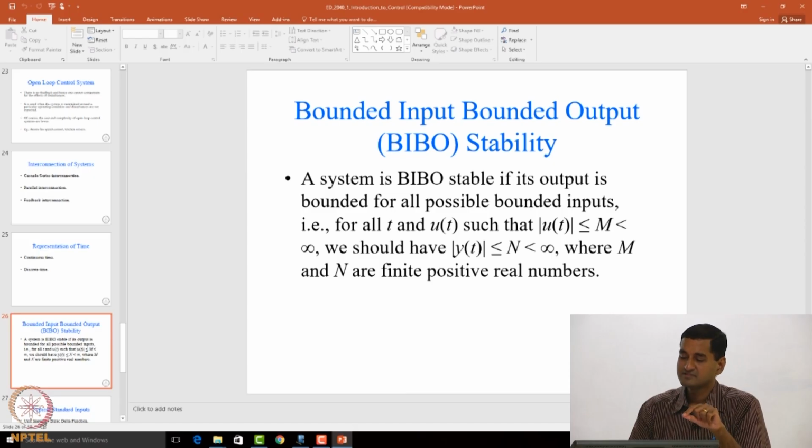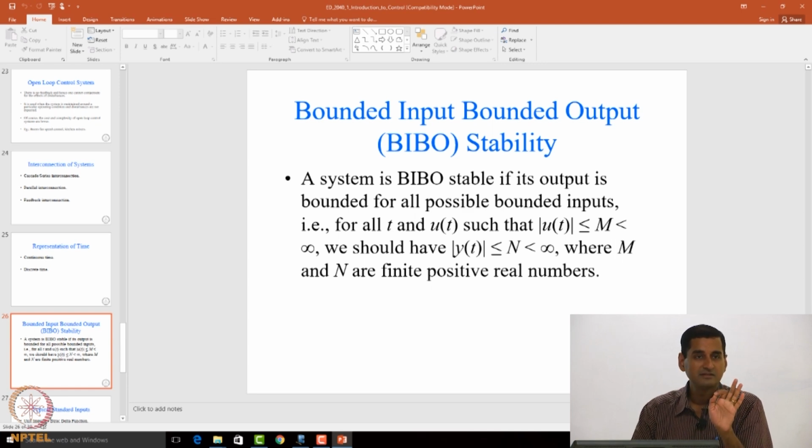A system is BIBO stable if its output is bounded for all possible bounded inputs. The keyword there is all. That is for all time t and u of t such that the magnitude of u of t is less than or equal to a finite positive number m, we should have the magnitude of y of t less than or equal to a finite positive number n.